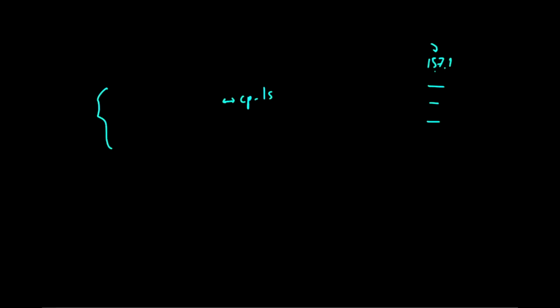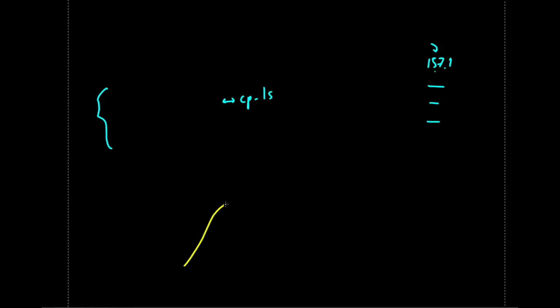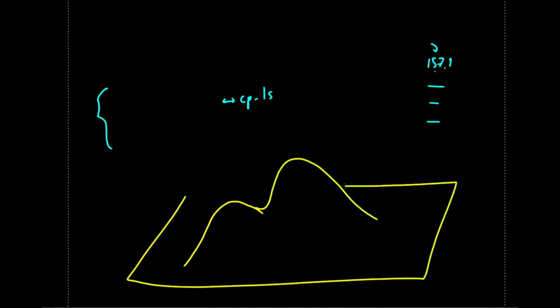Pwede is meron tayong two peaks. So kunwari, ito yung first na peak. So that's a peak. Tapos posible na meron pang second peak. Okay, so if this is your response, kunwari lang ito yung response surface.